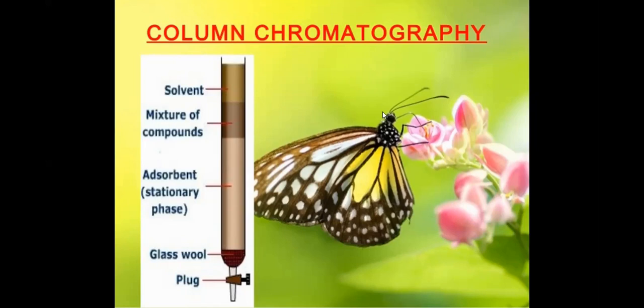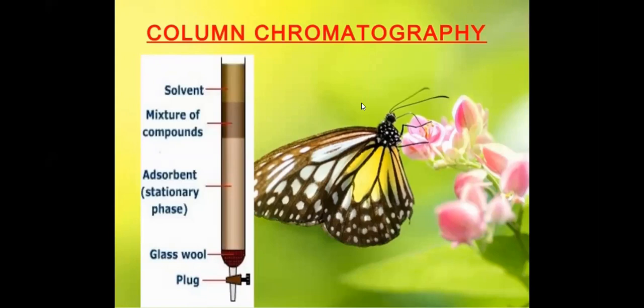Again, the selection of the glass column, its width and height, say the dimensions, depends upon the nature of the experiment, the type of experiment, and the substances, components which we want to separate out. So, selection of an appropriate glass column, then selection of an adsorbent, that is nothing but the stationary phase.